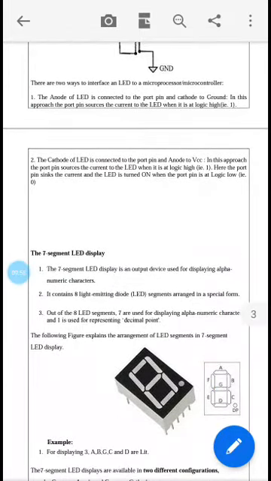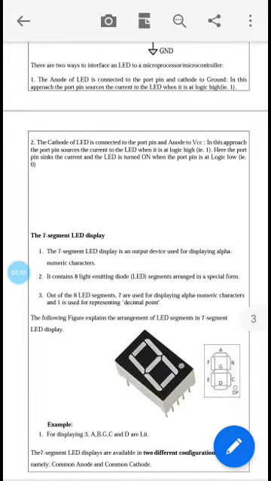So next we will be seeing the next I/O subsystem, that is the 7 segment LED display. This component you might have seen in your ADE lab again. To display alphanumeric characters, you may use this particular 7 segment display. We will be seeing brief information about the 7 segment display today.